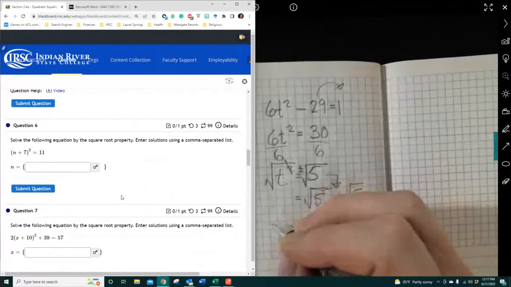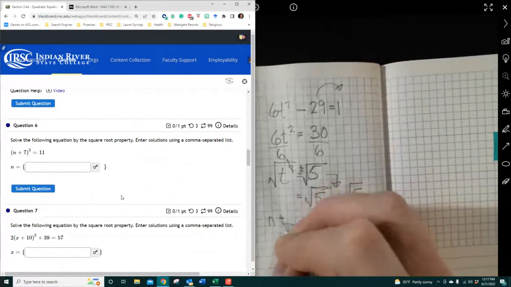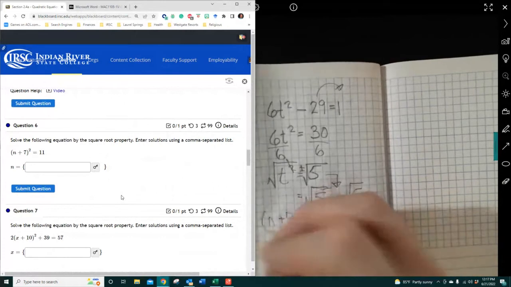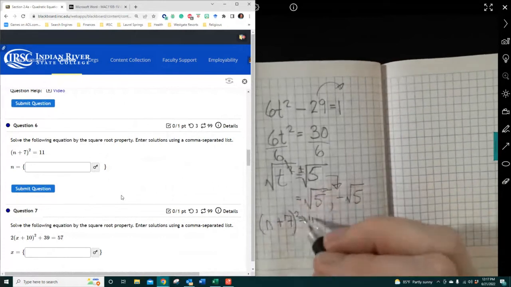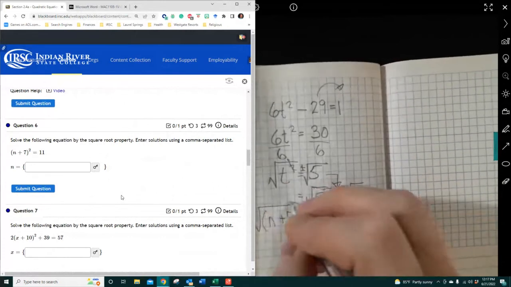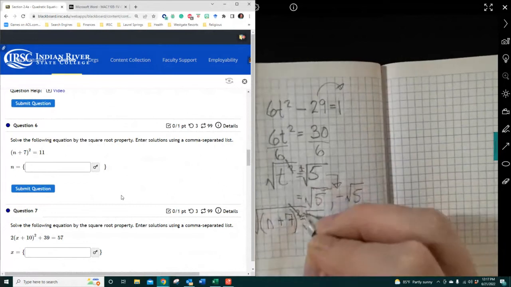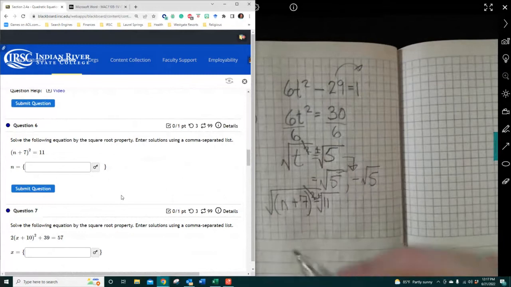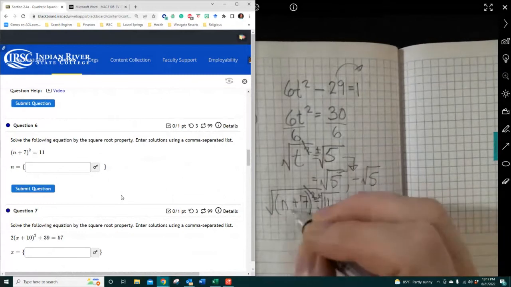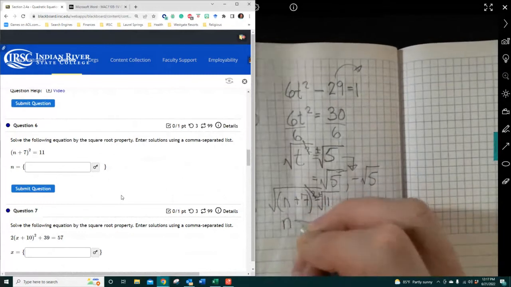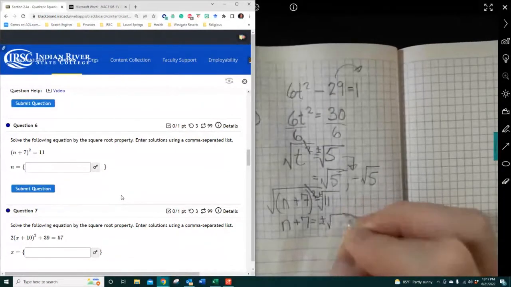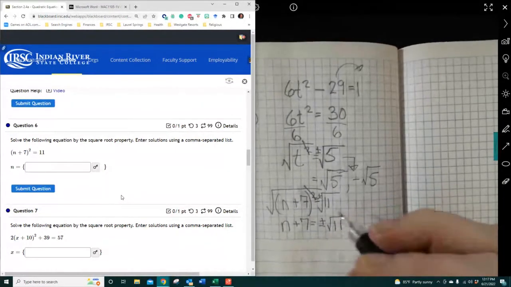Now, looking at this one, to clear a square, you have to square root. When you do square root, you must use the plus or minus sign to represent that process. Now, once you do that, then it's going to become n plus 7 equals plus or minus square root of 11.